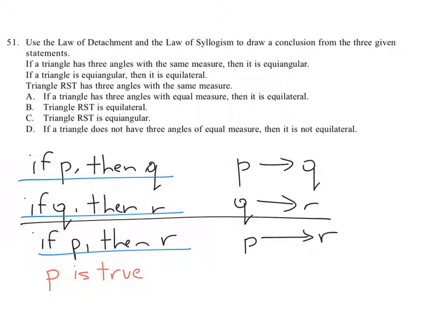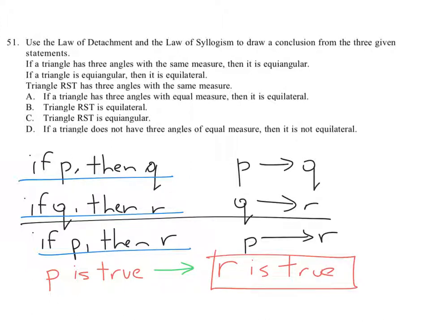We're dealing with a situation where that's true. Okay, well then we must be dealing with a situation where that's true as well. That's the general idea of how you use law of detachment and law of syllogism together. So R is true. This will be the big payoff of all of that.